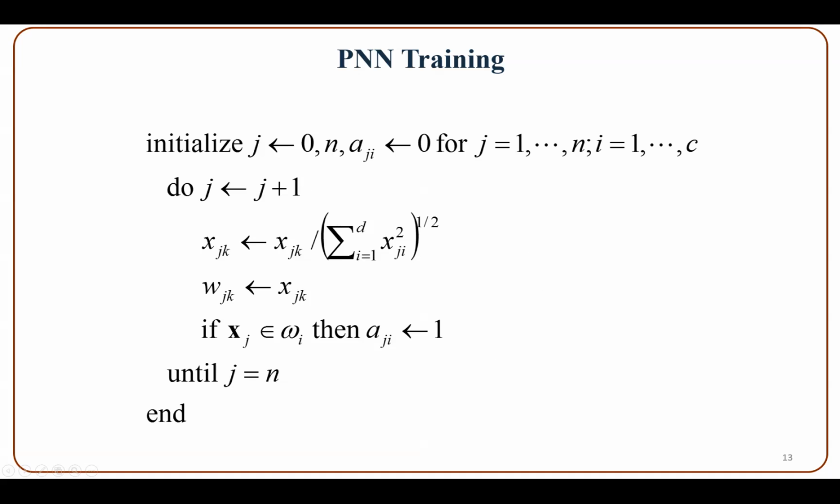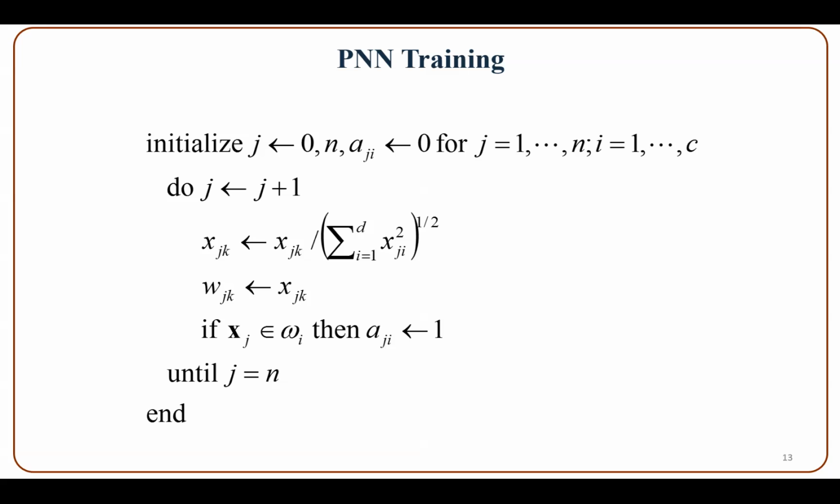In the tuning step, for n patterns or n instances, each tuning instance is normalized by dividing by its length. The normalized x_jk value is stored as a weight connecting the kth input unit to the jth pattern unit.